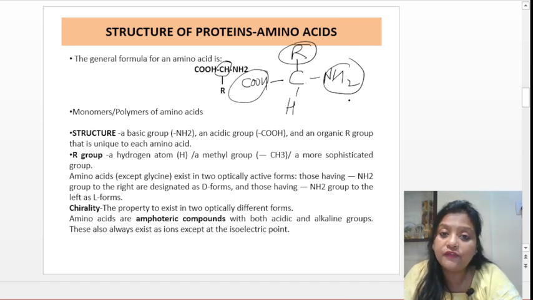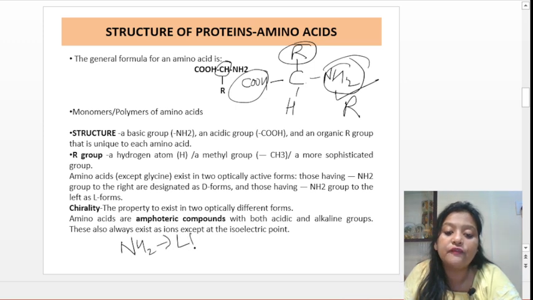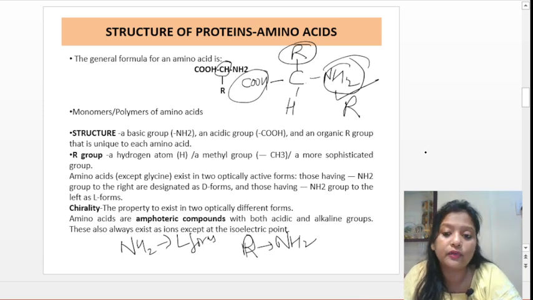That means the forms which have NH2 on the right hand side will be D forms, and if NH2 is on the left hand side, then they will form the L form. And if it's on the right hand side, the D form of amino acid.